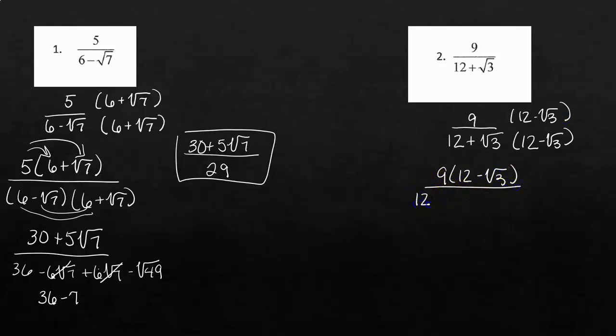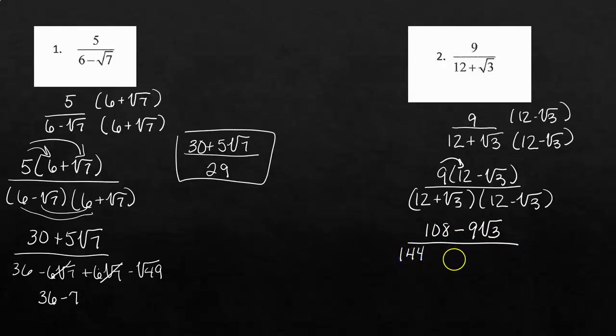And down here, we're going to FOIL. So here I have 108, because 9 times 12 is 108, minus 9 root 3. And on the bottom, I have 12 times 12, which is 144.